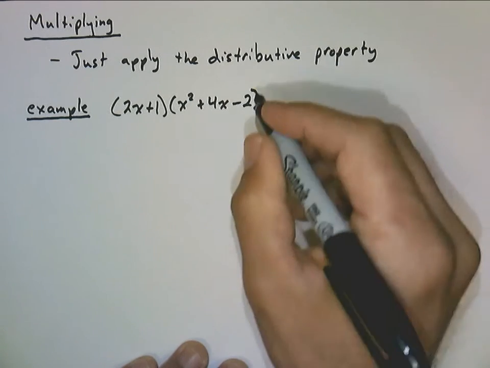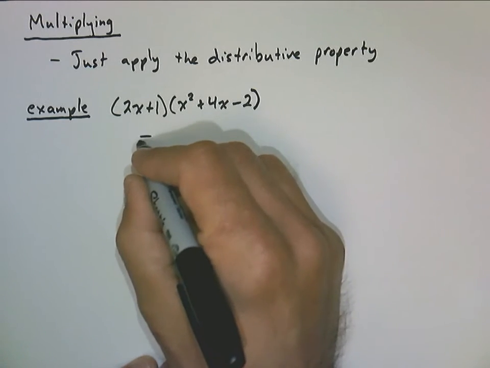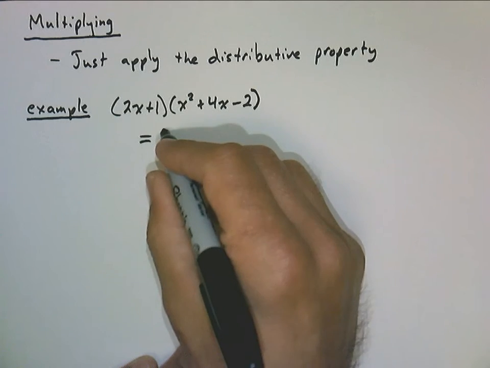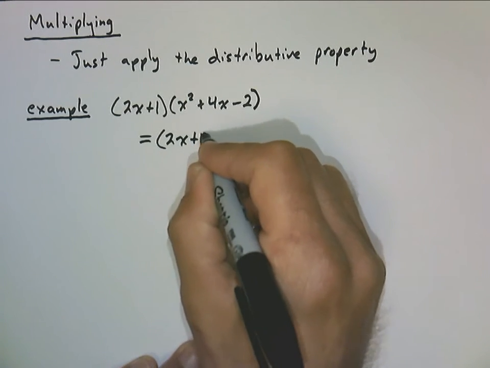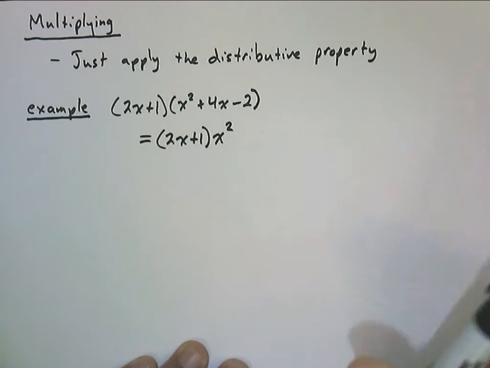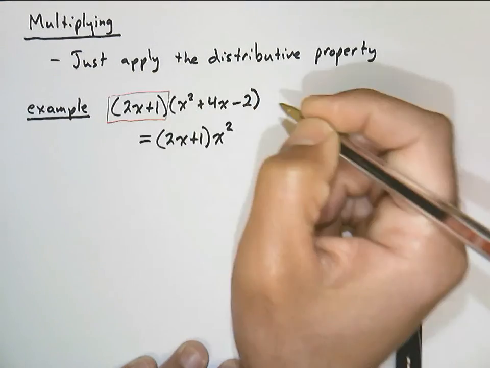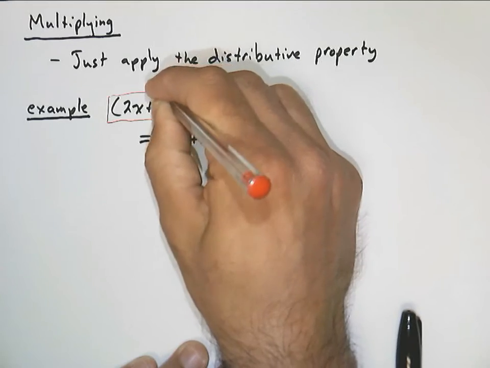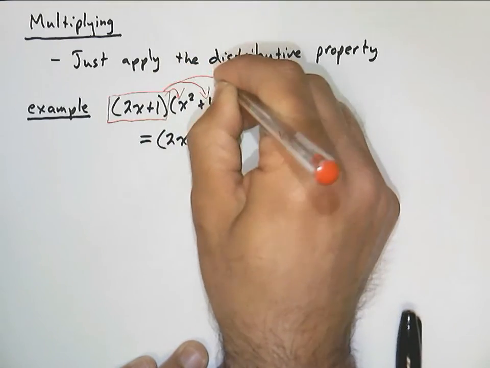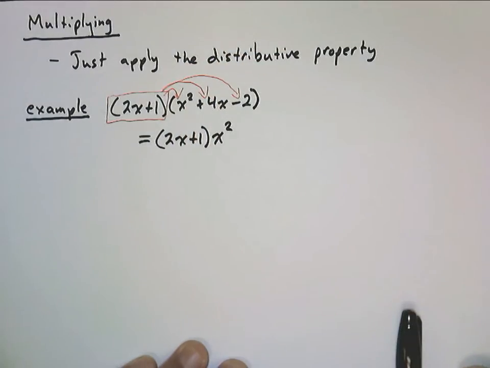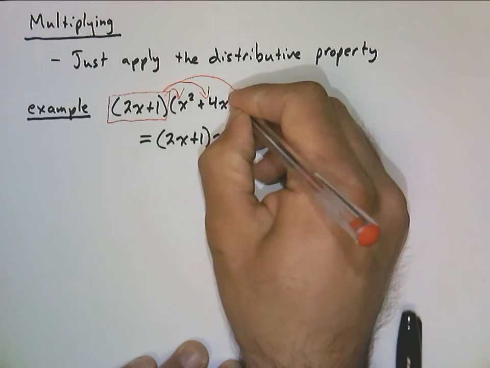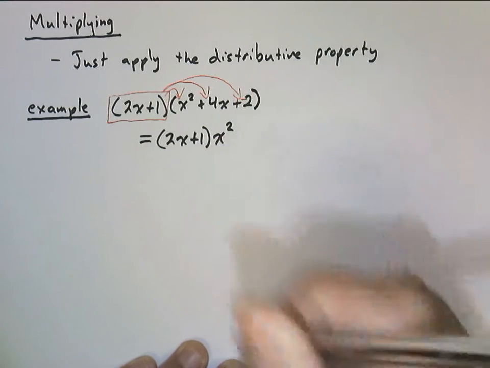And so this is going to be equal to, start down here, just leave myself some room. We'll have 2x plus 1 times the x squared. I show that we're going to distribute this whole factor of 2x plus 1 to each of the terms in this one. We might also want to switch this to plus negative 2 so we don't lose that.